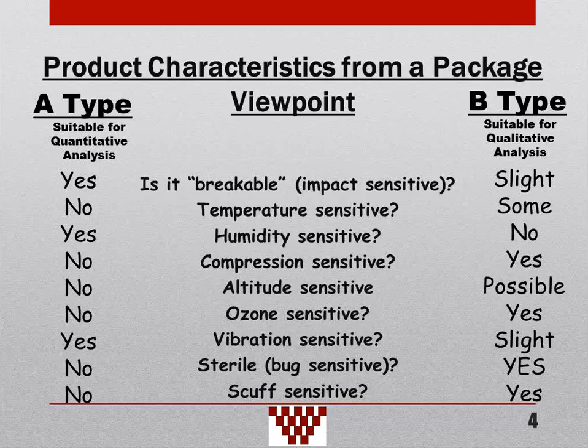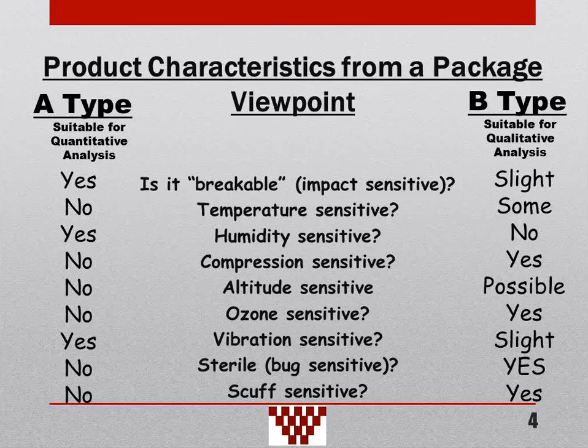So I broke these products down into what I'm going to call Type A and Type B. Type A are going to be suitable for a quantitative analysis, in other words, measurements, accelerometers typically, and then B type, which are suitable for qualitative analysis. Can't put an accelerometer on a can of soup, or at least within the soup, very easily.